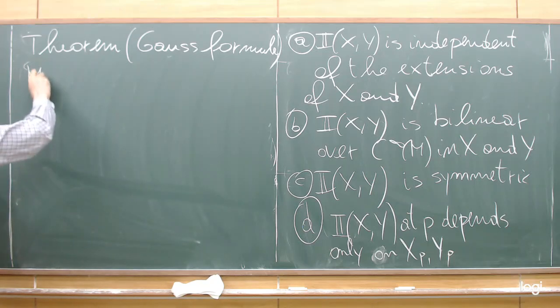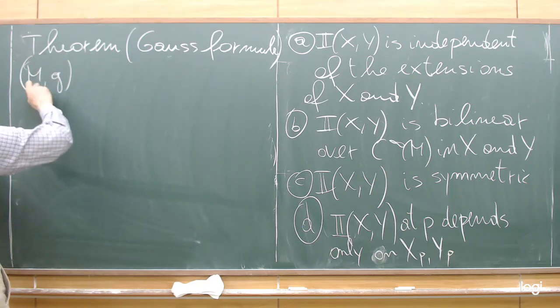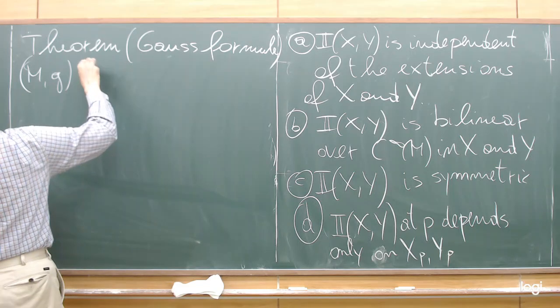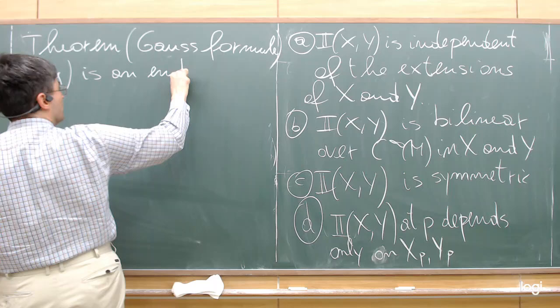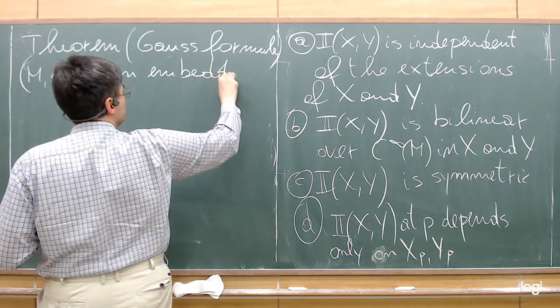So suppose that M with metric g is a Riemannian submanifold embedded in M tilde.